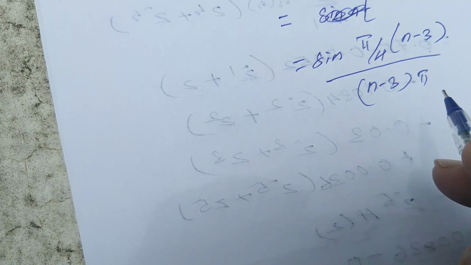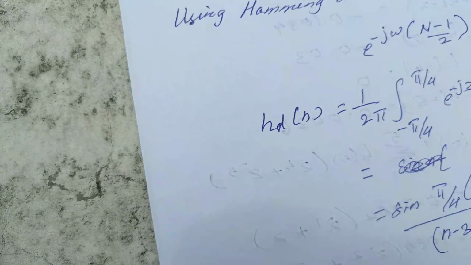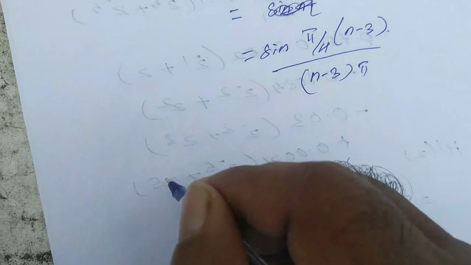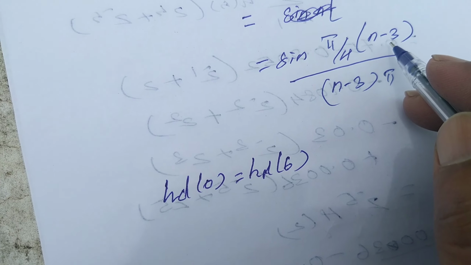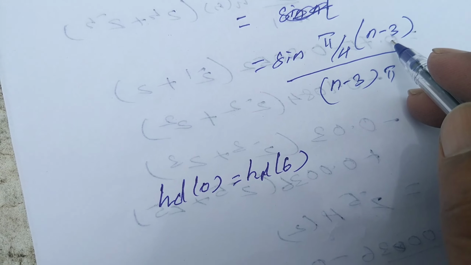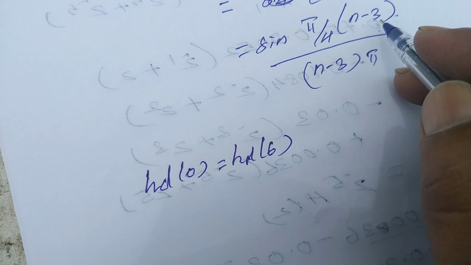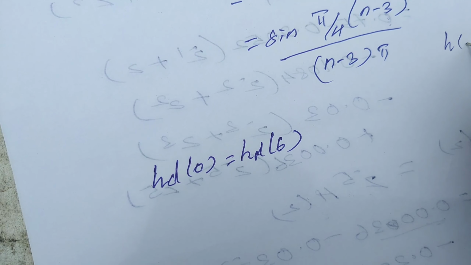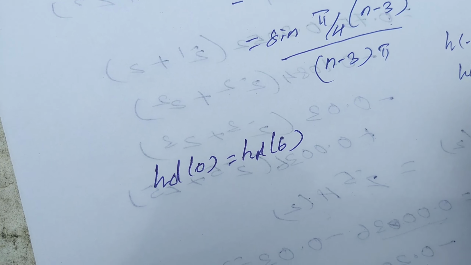Now we have to solve hd of 0 to hd of 3. hd of 0 is equal to hd of 6, since it is the causal sequence and our center of symmetry is 3. In other problems we solved this with respect to 0, so we used to get h of minus 1 equal to h of 1, h of minus 2 equal to h of 2.